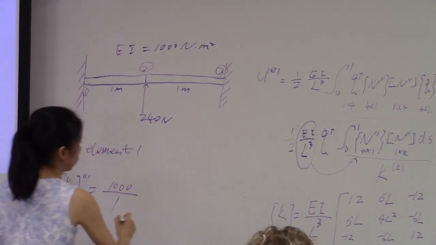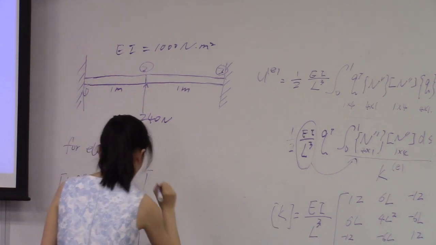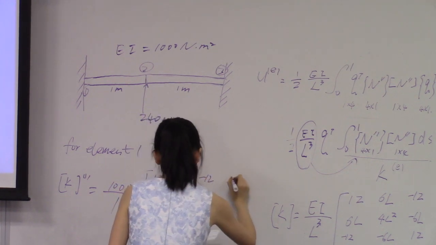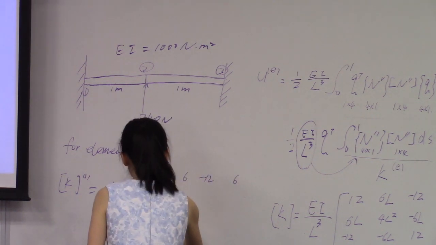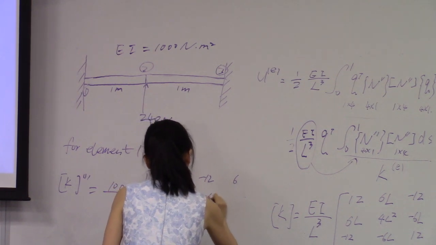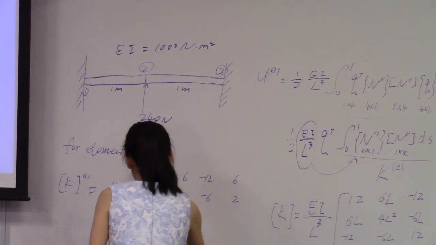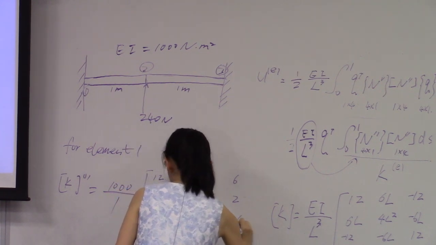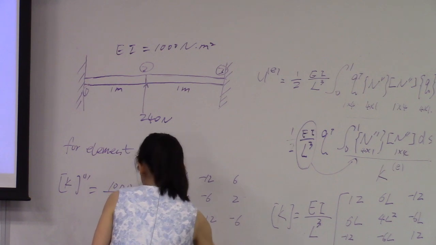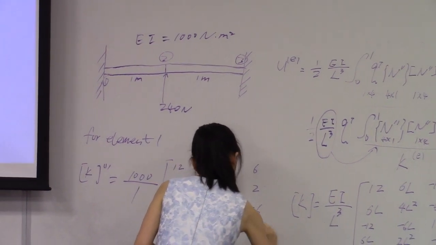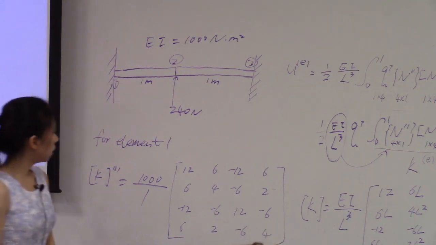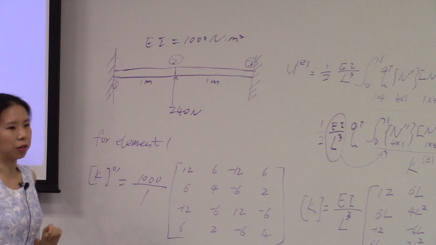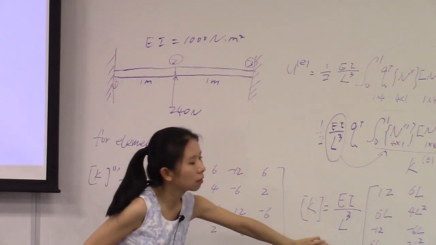And then I have 12, 6, negative 12. So this is the stiffness matrix for element 1. Any question here? I just use this one directly.